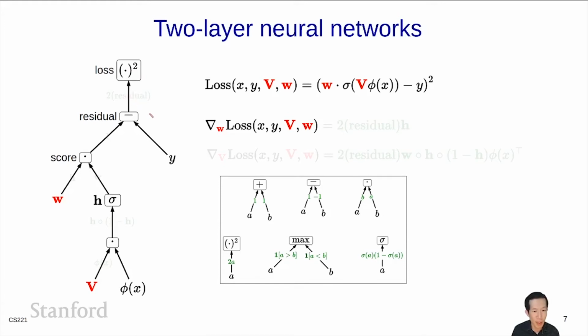This is just 2 times the input, which is in this case 2 times the residual. What about this edge? So minus, so this should just be a 1 on here. And then what about this edge? This is just going to be the second input right here. So that is H. Okay. So now multiply all these things together, and you get the gradient of the loss function with respect to W.